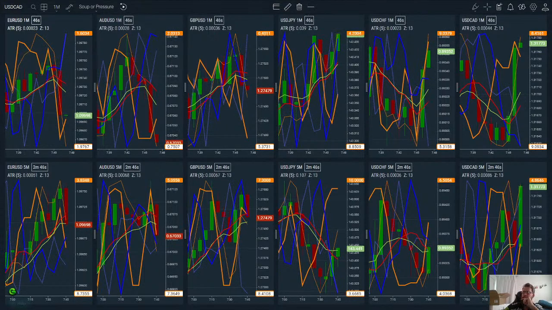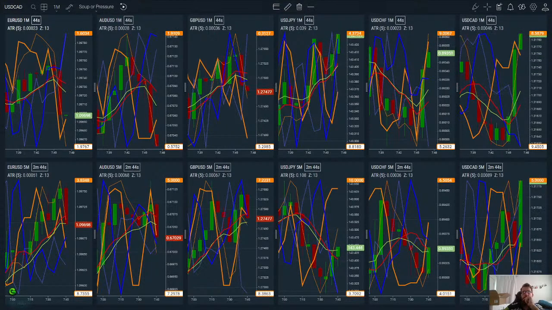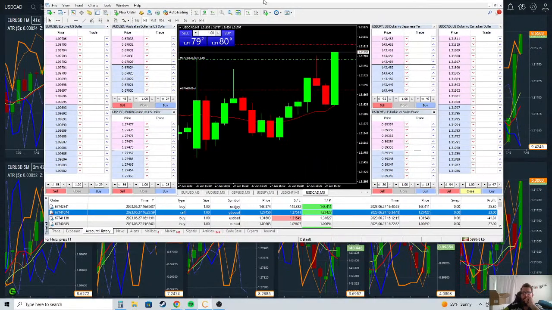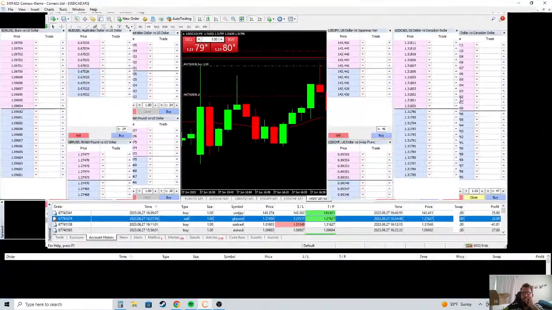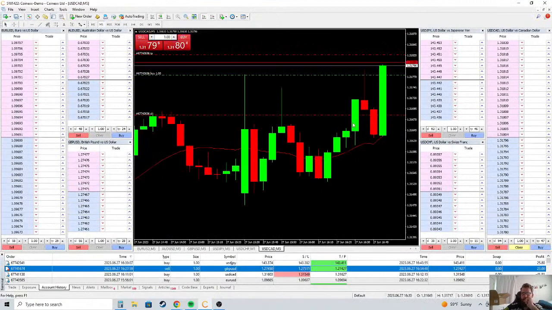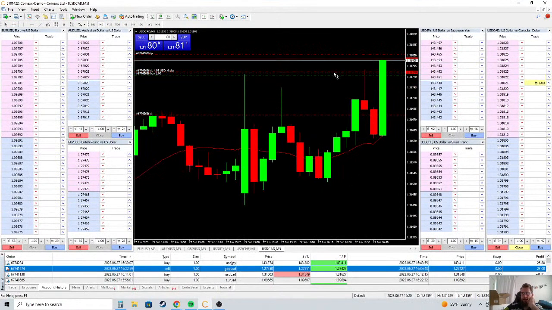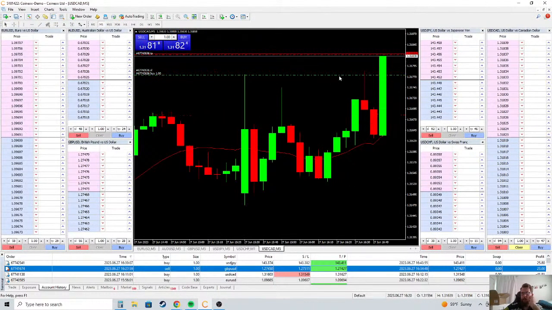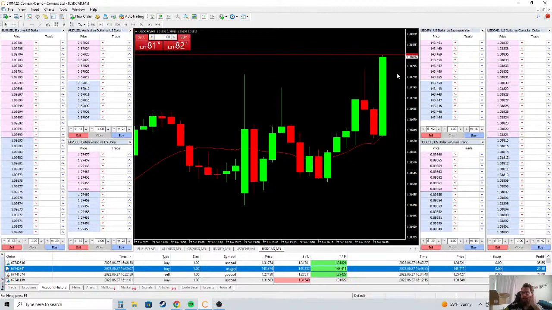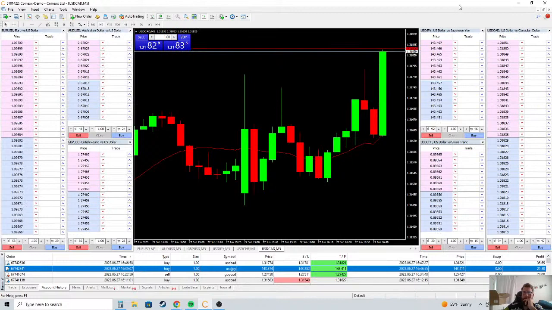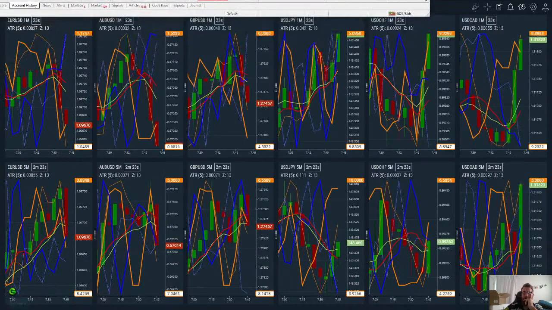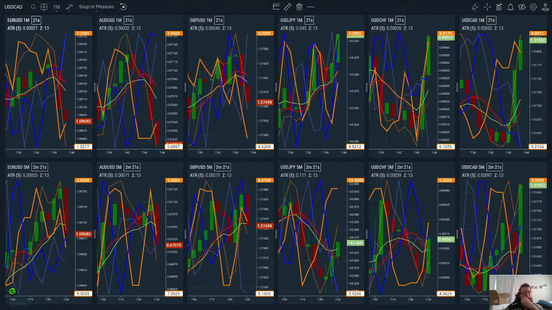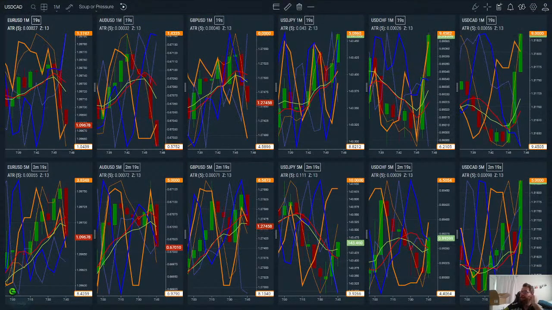Man, I wonder what's causing that to move. All right, just because this is such a massive bar, I'm gonna bring my stop loss. Wow, that was a short trade. That was great. Man, it's still going too. Well, that was the easy trade.